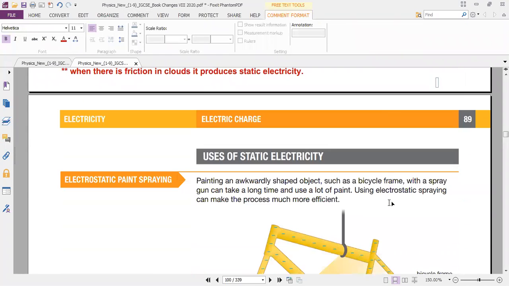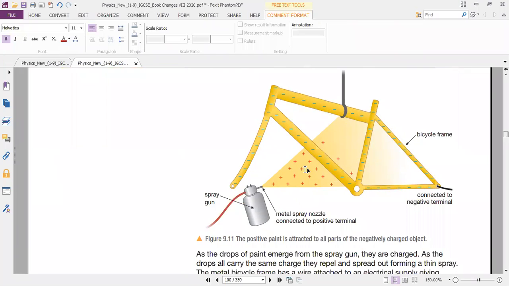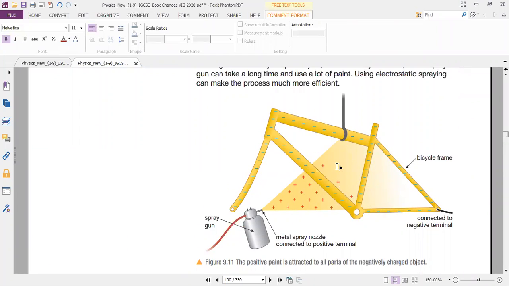Okay. And there are some uses of static electricity. By using static electricity, the metal frame of a bicycle can be painted. Look at the nozzle. Spray comes out through this nozzle, and it is charged when it is coming out.